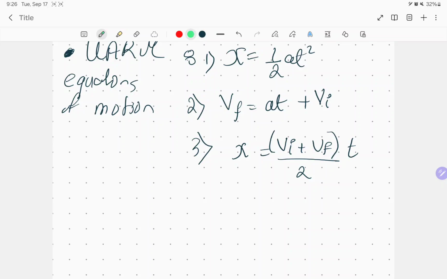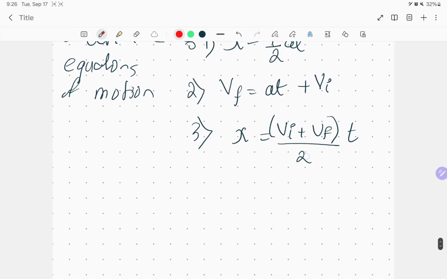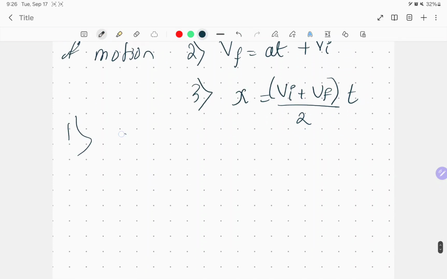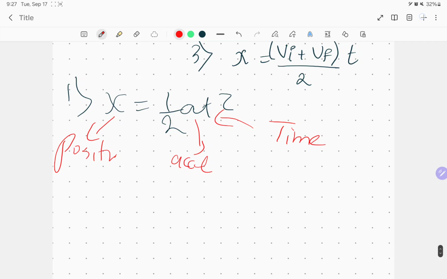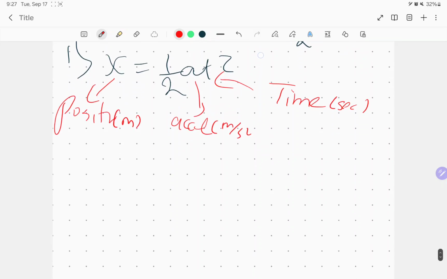I'm going to explain what each one represents. Let's start with the first one: x equal to half at squared. x represents position, a represents acceleration, t represents time. Time should always be in seconds, acceleration in meters per second squared, and x in meters.